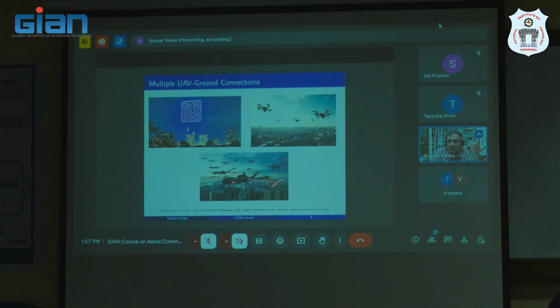So I've taken 3 examples. This particular example that you see here is one of those drone displays. If you have seen how drone displays work, they are essentially pre-programmed to display a certain light at a certain time, and be in a certain position at a certain time. Now to do that, you need to make sure that all these drones are at a certain location at a certain time.